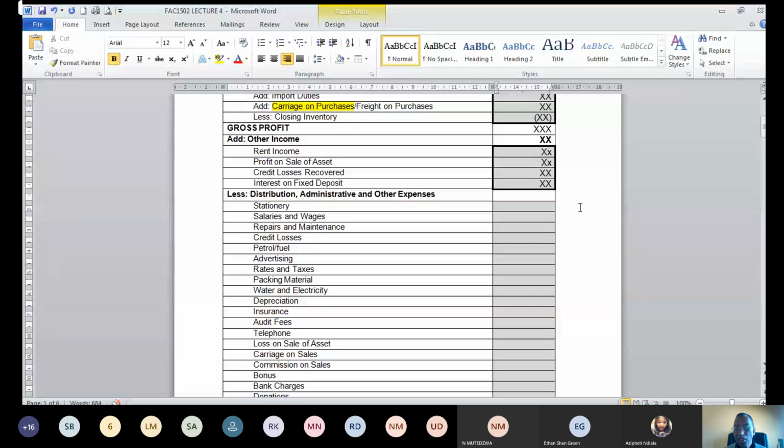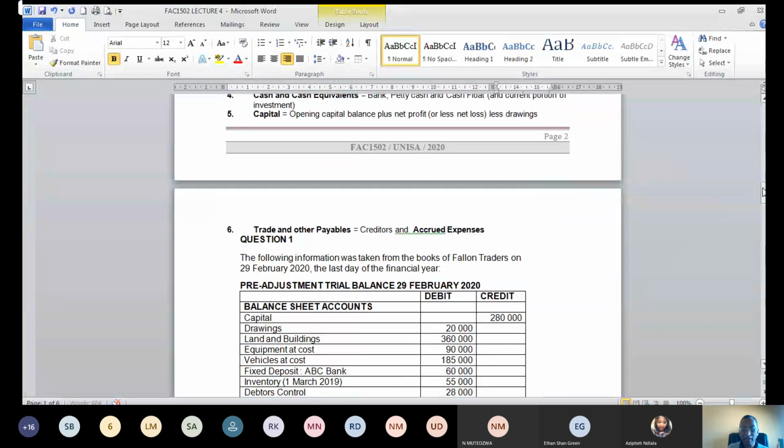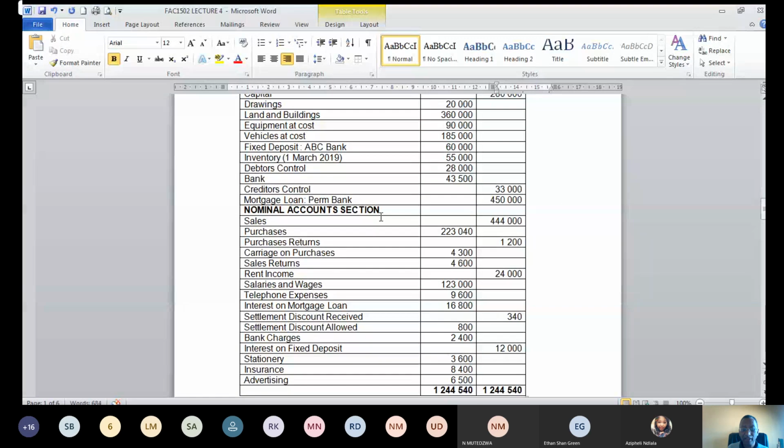So if the question gives you a list of accounts or they give you a trial balance, remember income accounts must have credit balances. So if you are looking for your income accounts, go to your trial balance, go to your nominal accounts, and your income accounts will have credit balances.